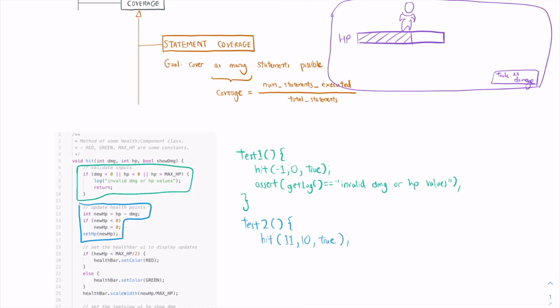Okay, so this would allow us to go through that segment, because it will skip through this since we have DMG greater than 0, and the HP is greater than 0, and we assume that this max HP is some arbitrary large number, so that this HP value is actually not over the max value.